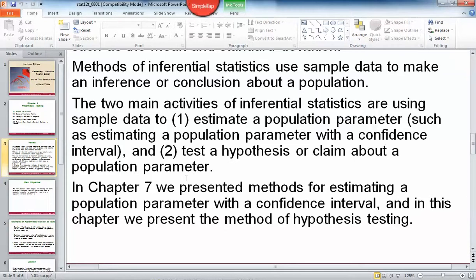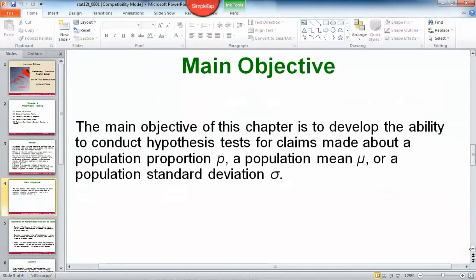Through Chapter 7, that's where we went over estimating parameters, population mean, variance, standard deviation, with confidence intervals. This chapter is all about hypothesis testing.